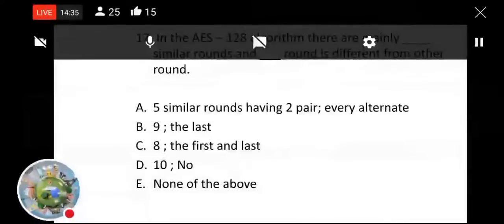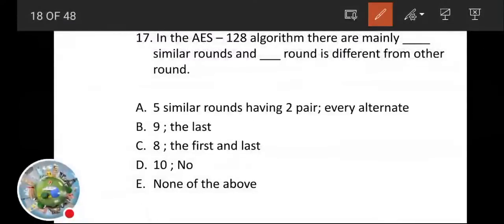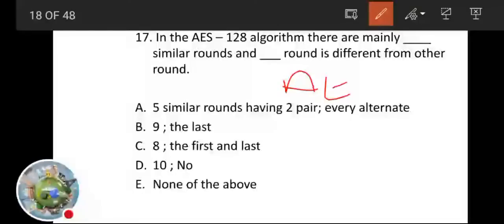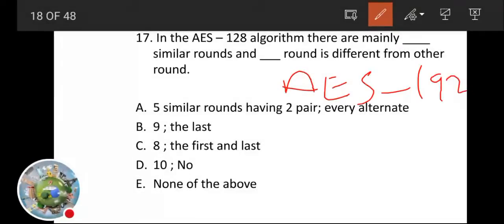The AES 192 algorithm uses 12 rounds. Of these, 11 rounds are similar and the last round is different.